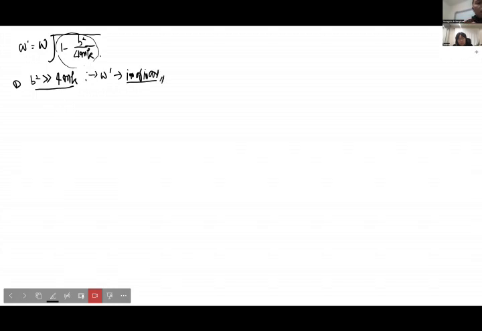Okay, so that makes x of t become like this. Then, number two, that is called overdamping.